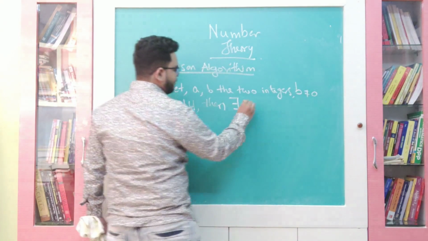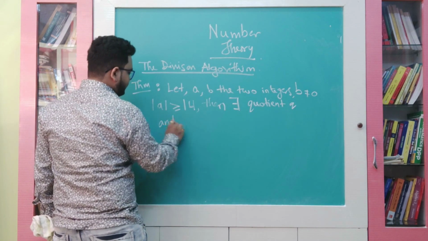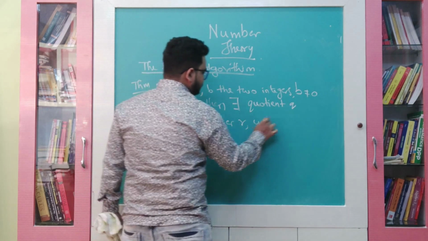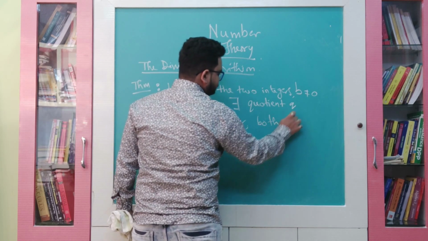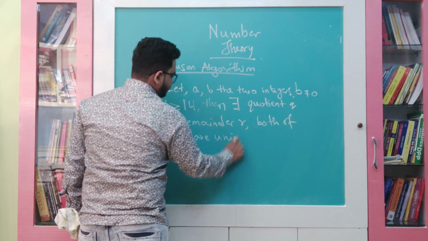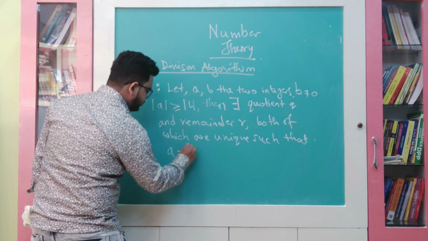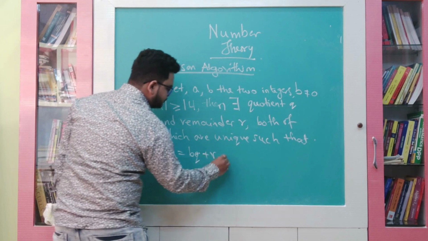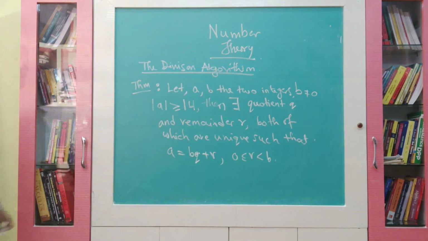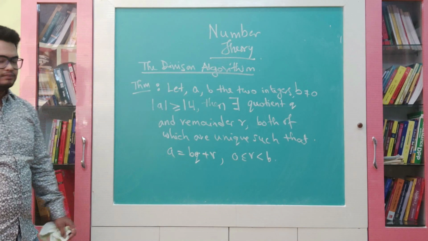there exists a quotient q and a remainder r, both of which are unique, such that a equals bq plus r, where 0 less than or equal to r less than b.